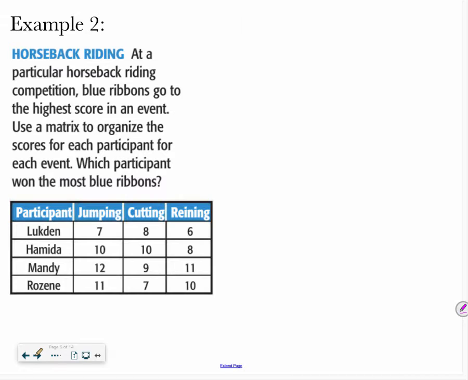So what you do is basically start by making this table. We're going to take these numbers and transfer them over to our matrix. So we're going to have jumping, and I'm just going to write that up there so I know which is which, cutting, and reining.